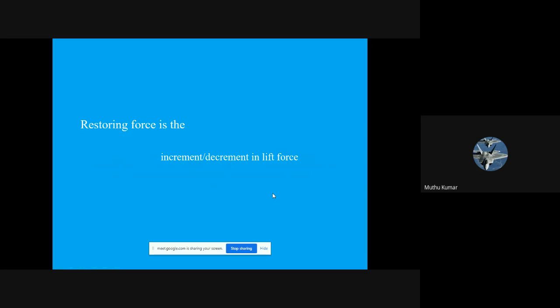Second question. Okay, so the restoring force. In the previous PPT, I had attached a spring, right? The spring is what creates a restoring force for that airfoil. Here, the restoring force is the lift force, which is the increment or decrement. Correct?